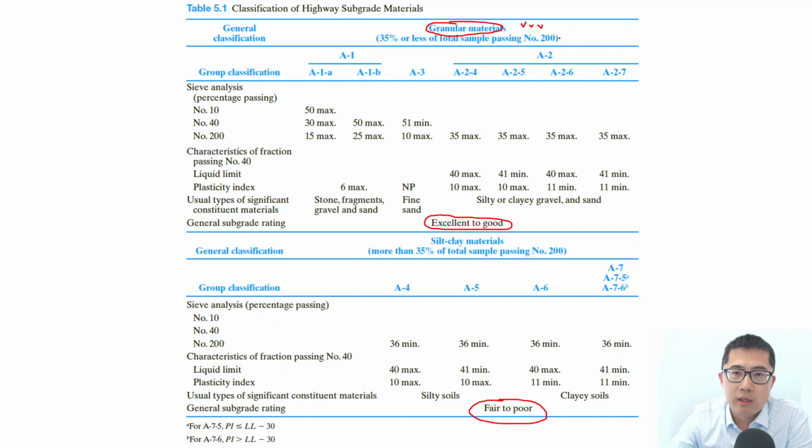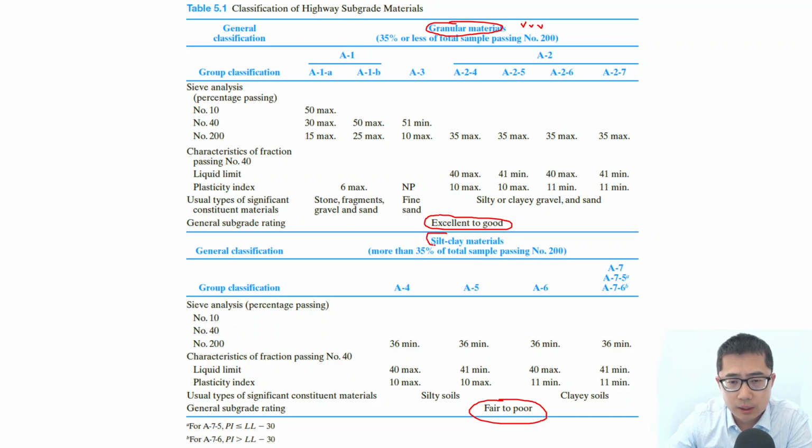Their definition of granular material is a little bit different from the USCS definition. In the USCS classification, as long as you have 50% retained on number 200, you're a granular material, but AASHTO definitely has a higher standard of what can be called granular material. So 35%, that's the magic number.